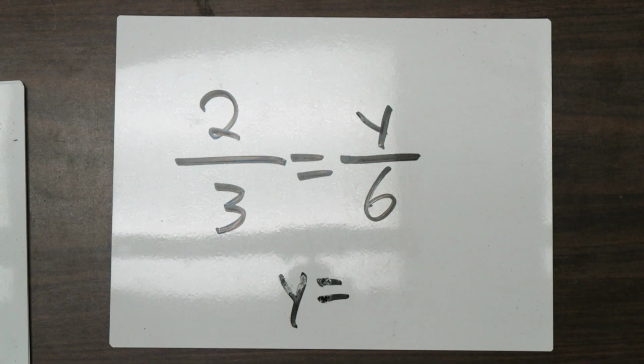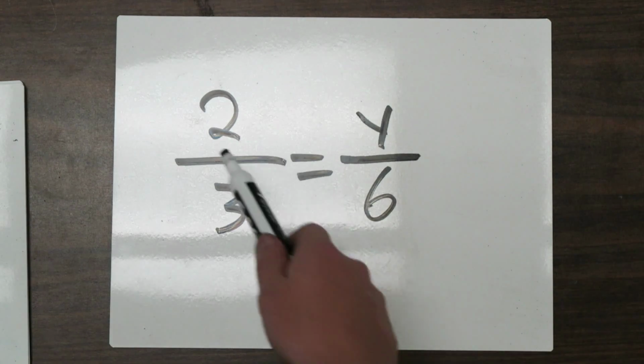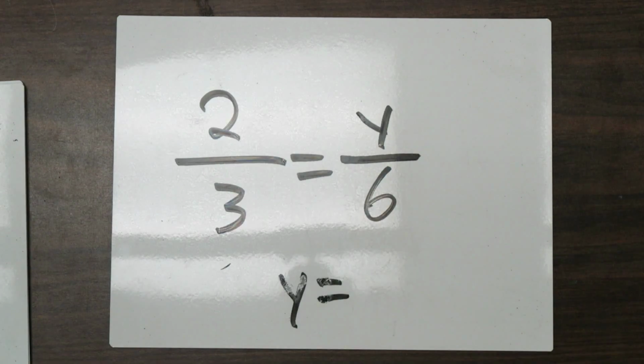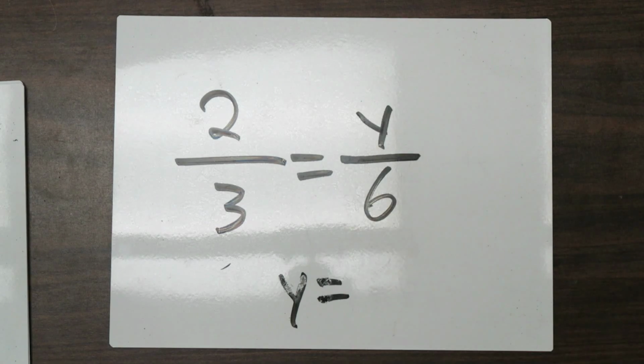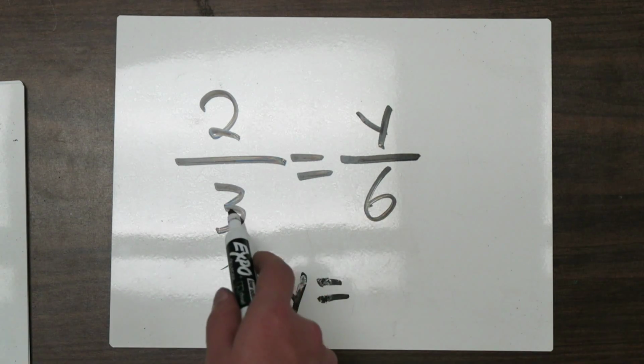So let's look at a more abstract concept here. Now I have the fraction 2/3. This can be called a ratio because I'm comparing the number 2 to the number 3. And I also have this ratio y over 6. Again, I don't know the value there. I have to figure that out. Well, I can figure that out by looking at what I do know.